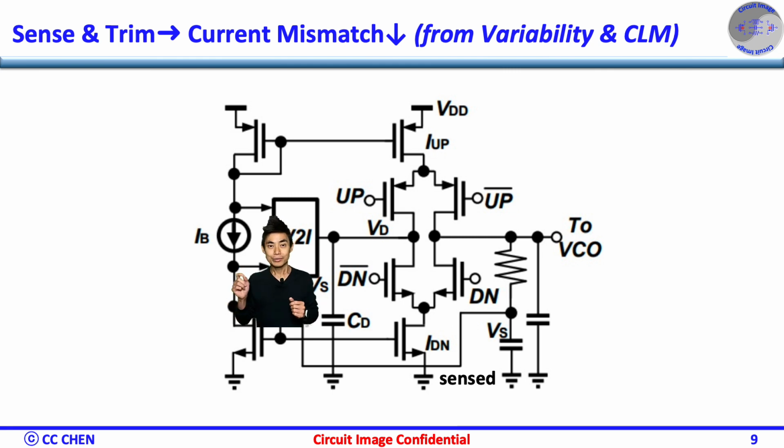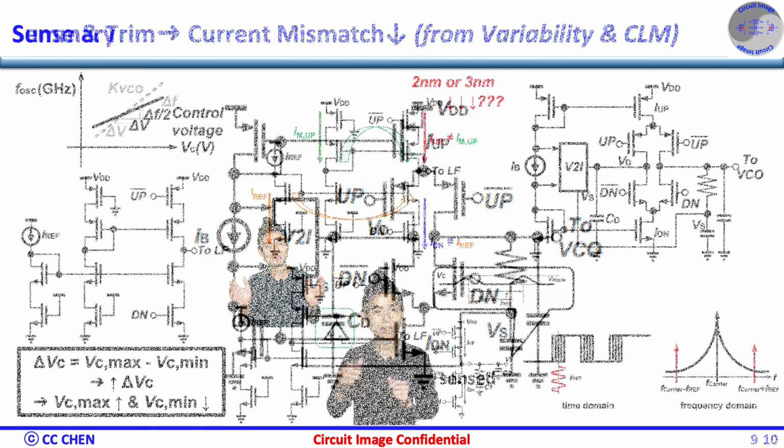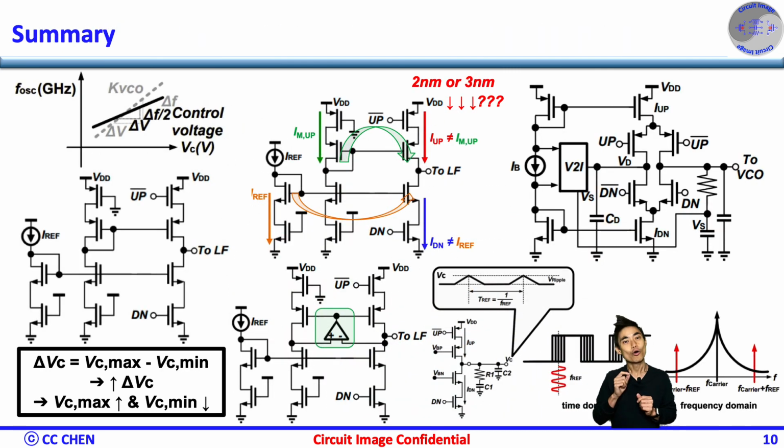Again, through this negative feedback loop, from sensing to adjusting the current, either the device mismatch or the channel length modulation is compensated at the same time to achieve the matched up and down current. Here is a summarized image of why we need to be careful about the design insights of charge pump PLL.